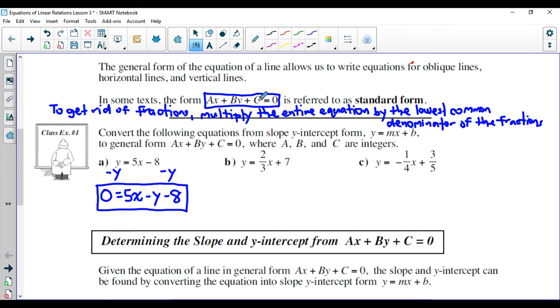Now for this equation that we're starting with right here, there's only a single fraction. So if you had a single fraction, the lowest common denominator would just be this value 3 here.